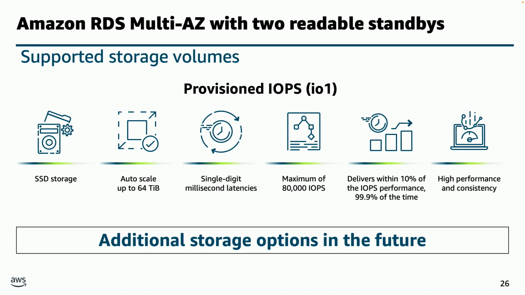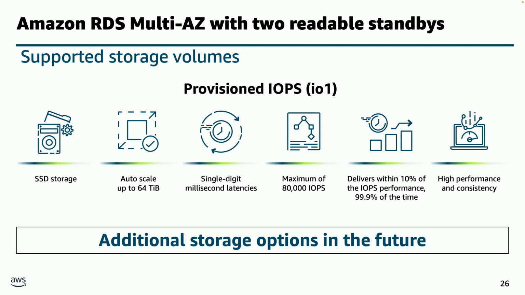Provisioned IOPS are suitable for production workloads with intensive concurrent connections, throughput and latency requirements, and they are the best choice for production workloads. Right now you can have up to 64 terabytes, it normally delivers single-digit millisecond latencies, and you can have up to 80,000 IOPS for your workloads. Those are some of the characteristics of provisioned IOPS.